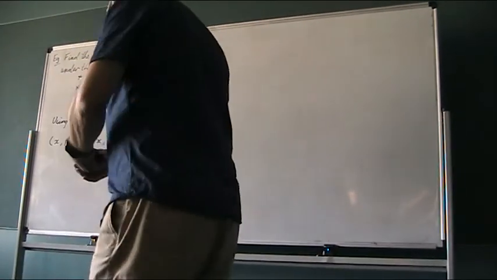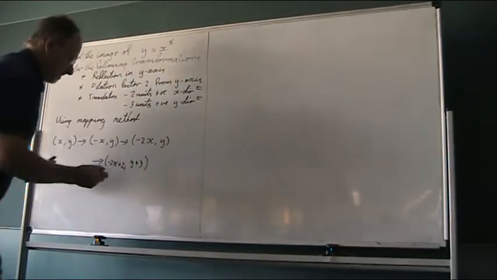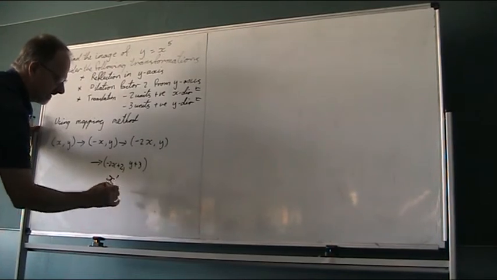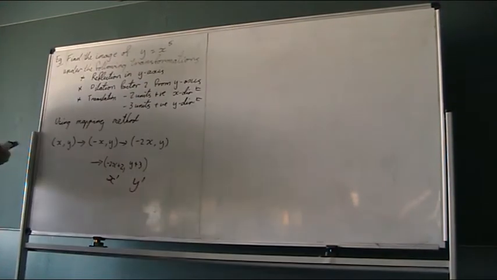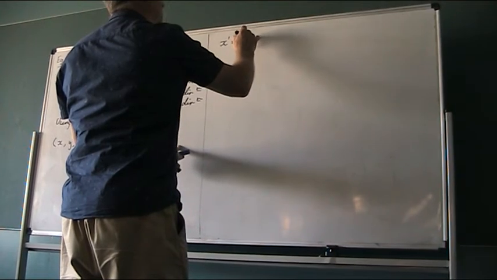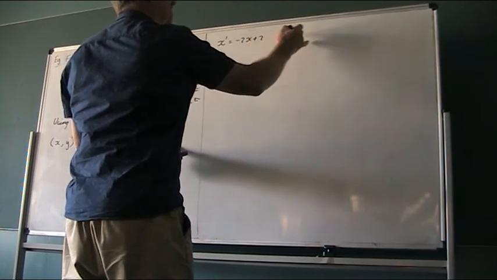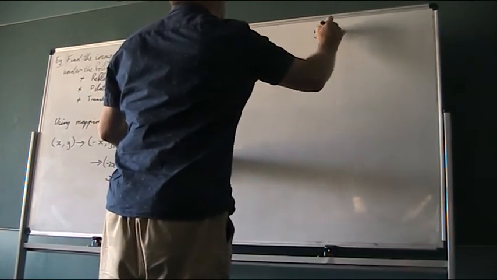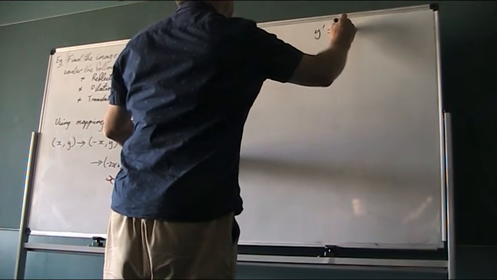So what do we know? This is now our image. So that's our image of x and that's our image of y. We know that our image of x is equal to minus 2x plus 2, and our image of y is y plus 3.